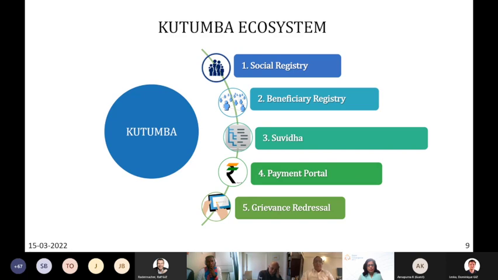Suvidha is another platform which helps you to discover schemes, done by a brilliant startup in the country. We took their help and put this in place. And we have a payment portal where we take the Aadhaar ID itself as the financial address. And then, of course, the grievance redressal, because you will always have problems: if people are excluded from the social registry, they're also excluded from all the benefits.